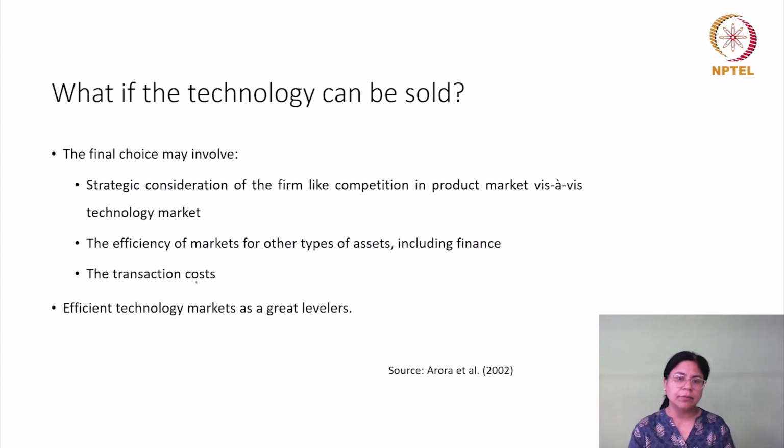There is a possibility that a company which is thinking of becoming a technology supplier in a particular field, let us say something related to AI, has to see that if we come up with the final product using this AI technology, what kind of competition we will face in that market vis-a-vis the competition we may face in the creation of this kind of code for different applications, right?